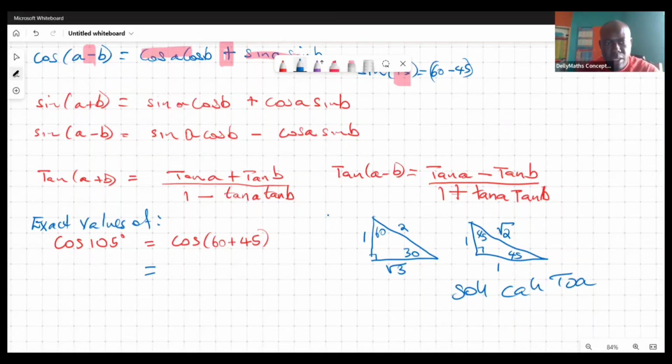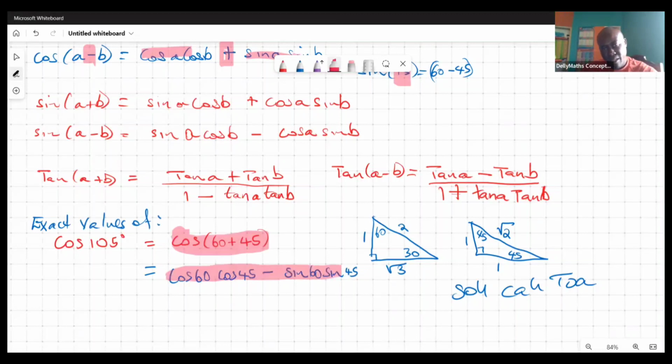For example, remember that the cos of the sum is cos 60 cos 45, but then you have a minus sine 60 times sine 45, because that's the only way that we're going to be able to put the values that we need based on the special triangles that we're about to use.